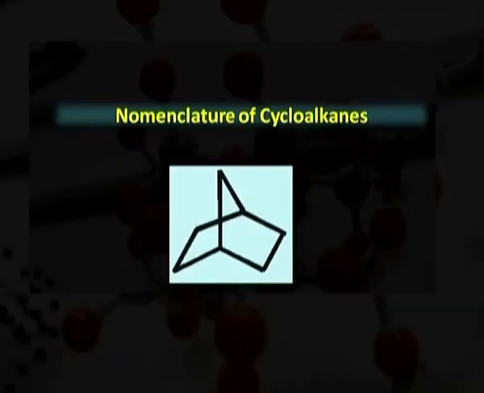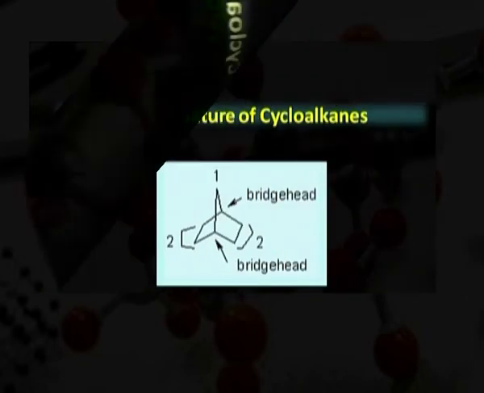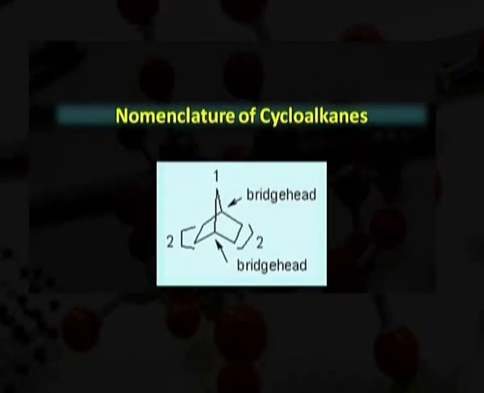So, in this structure, count the total number of carbons. In this case, there are 7 carbons, that is carbon 1, 2, 3, 4, 5, 6, 7. So, the parent name is heptane. Now, in the second step, count the total number of carbons between the bridgeheads.